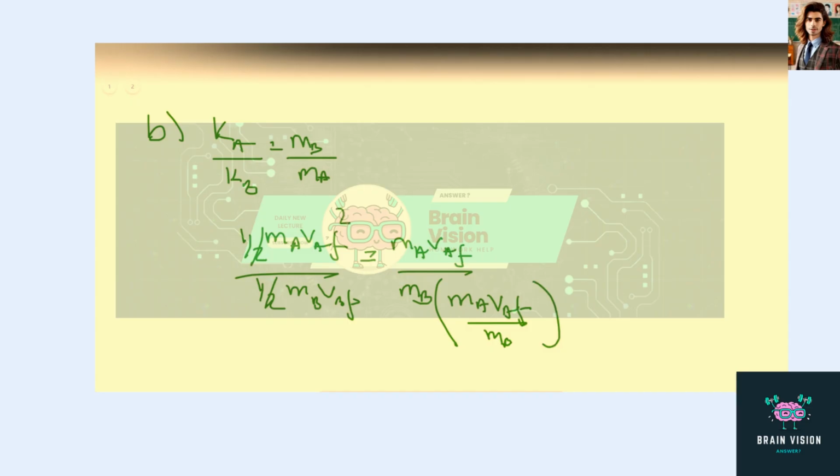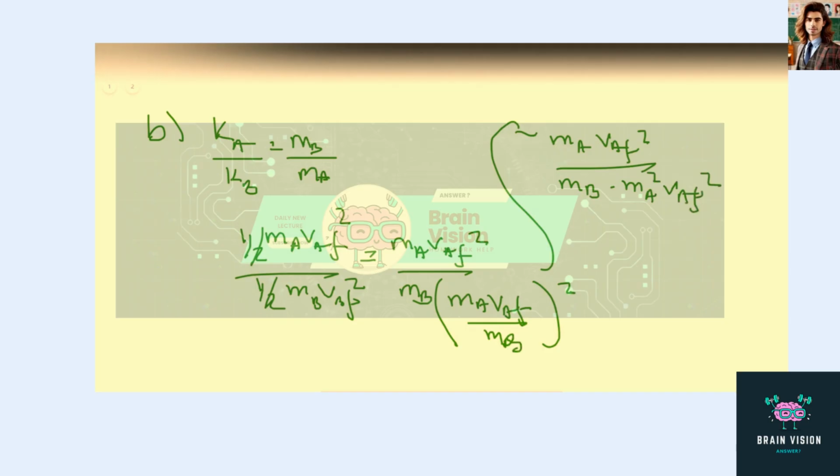And since it's kinetic energy, the velocity has to be squared. So this is going to be squared and that's going to be squared. We simplify the problem and get MA VA final squared over MB times MA squared VA final squared.